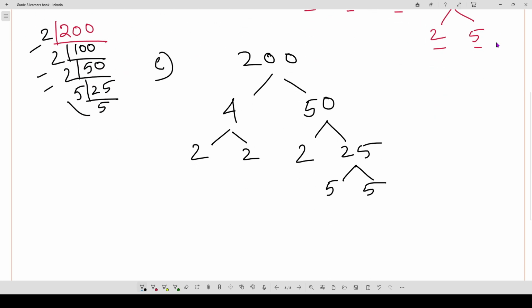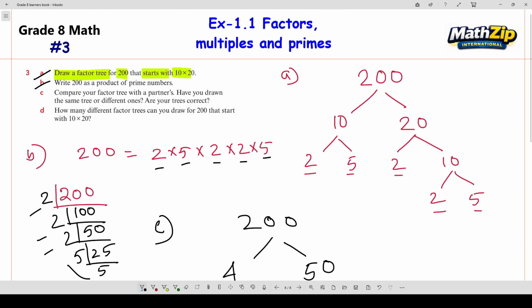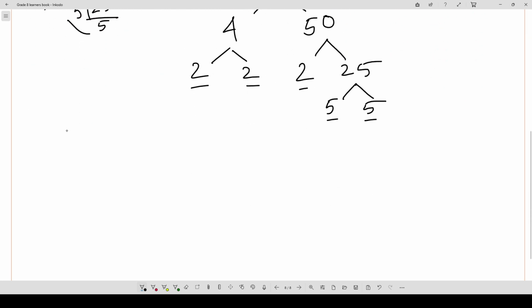Now look, here are two twos, three twos, 1, 2, 3, and 5 twos, 1 and 2. So similar thing, here is also 1, 2, 3 and 1, 2.